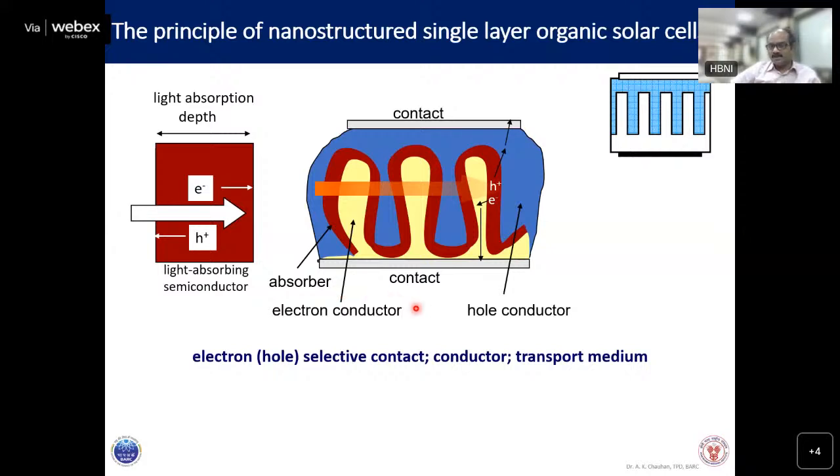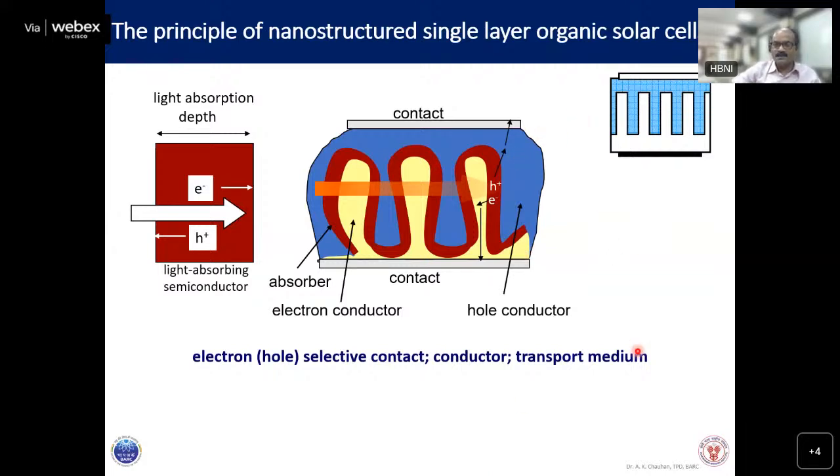So the material selection of hole or electron conducting materials is also a very important field, and these materials are called HTL, or hole transport layer, where the holes are transported but electrons are blocked. Similarly, the materials where electrons are transported and holes are blocked are called electron transporting materials, or ETL. So this material we can say ETL, this material we can say HTL.